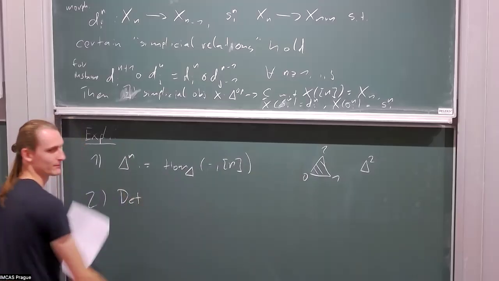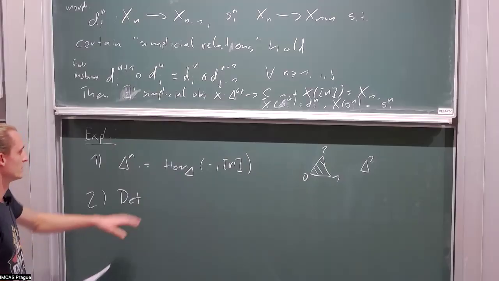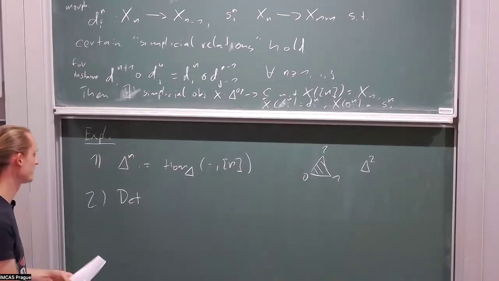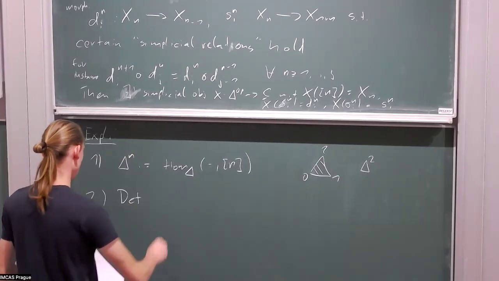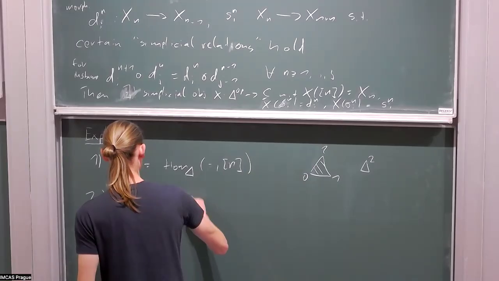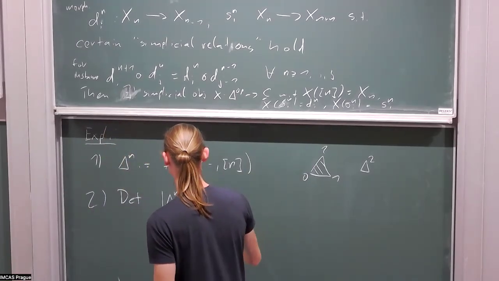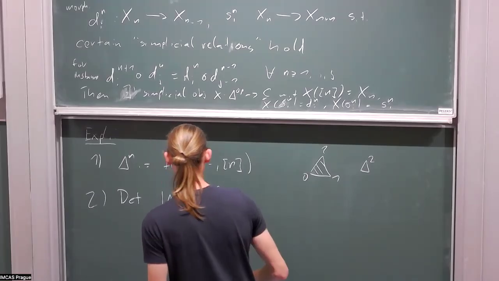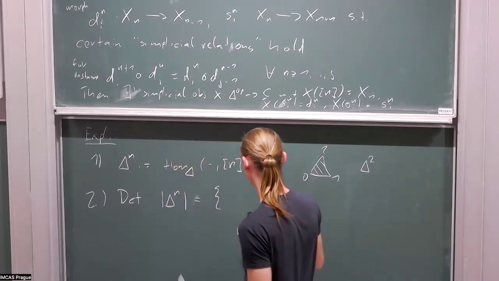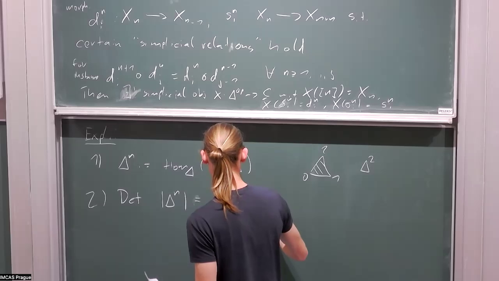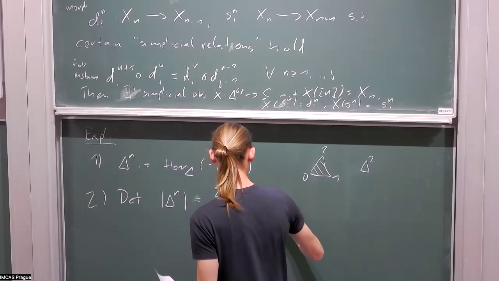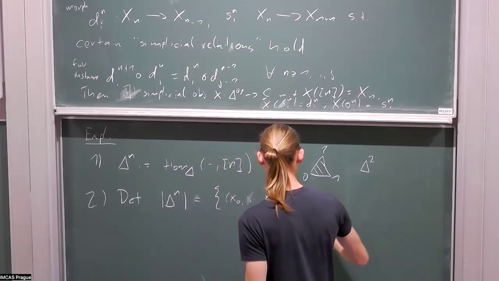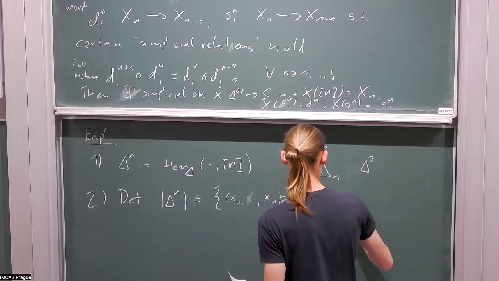Well, the first part of this example is not really an example for a simplicial set, but rather how to geometrically realize these standard simplices. Maybe I define the geometric realization of this standard n-simplex as the physical simplex, so the set of all (x_0, ..., x_n) in R^{n+1}, non-negative, such that they sum up to 1.